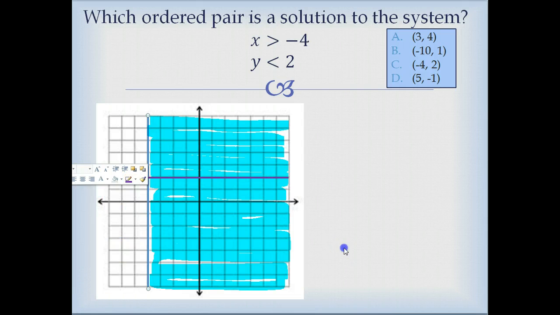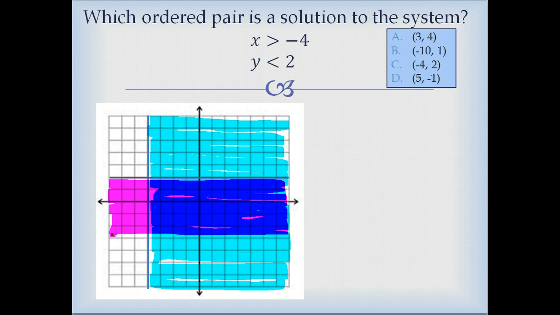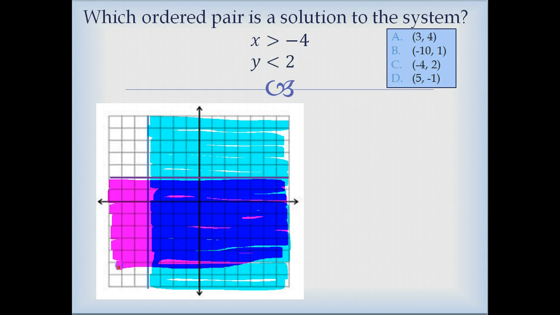There. Okay, and then you probably guessed this is the numbers smaller than 2, so you're going to shade underneath. But again, you can always test the point 0, 0, and you would plug in 0 for y, and 0 is less than 2. That makes it true, so you want to shade the side of the line that contains that value, which is underneath like I'm doing.